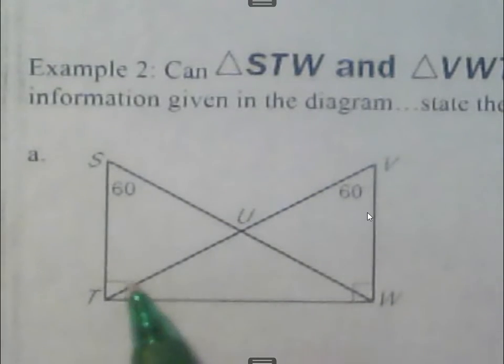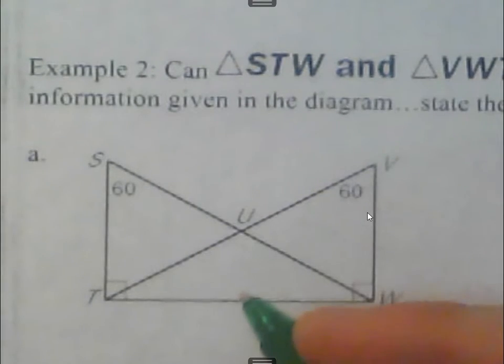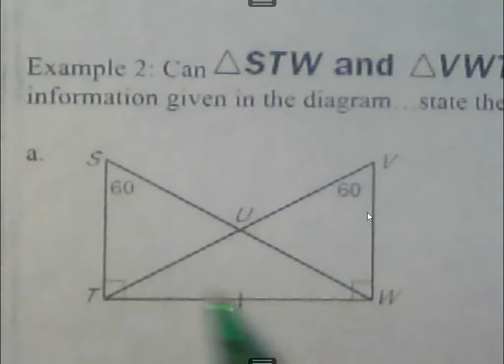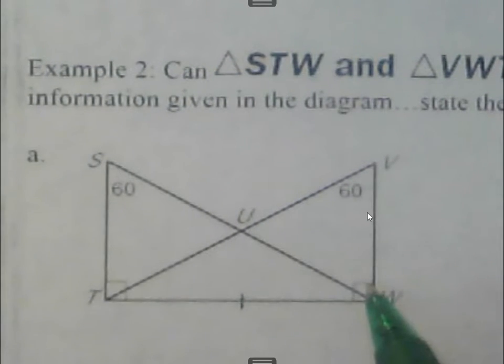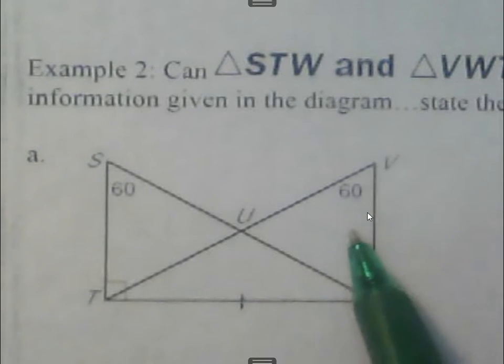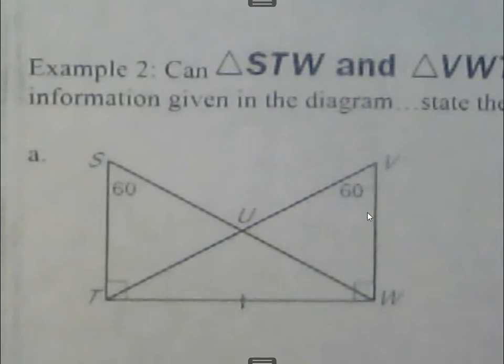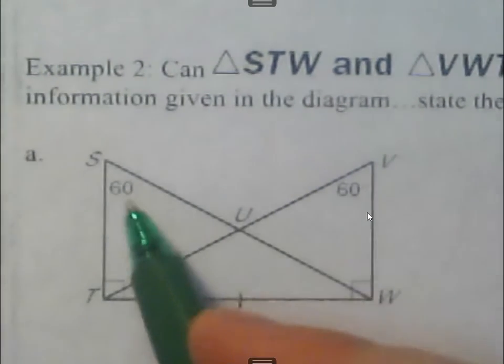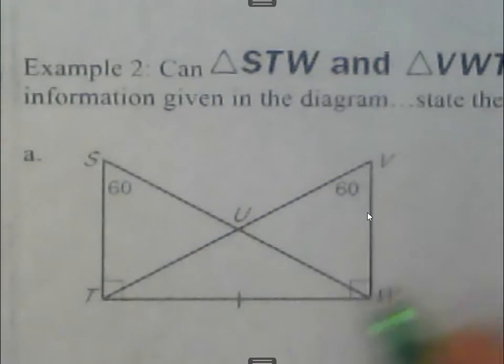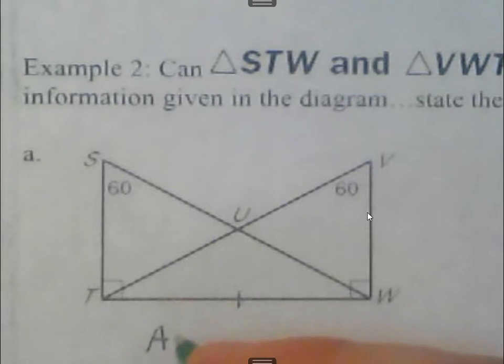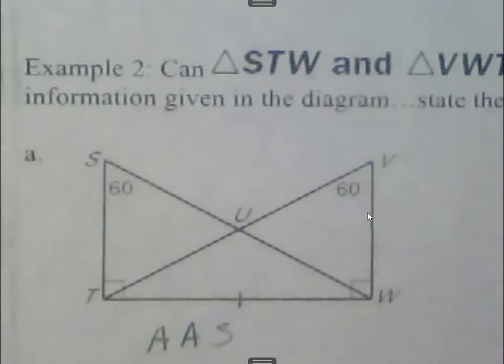We're also given a 90-degree angle in both. And you should also notice that they both share the side TW. So I have a side, an angle, and an angle. We don't have side, angle, angle, but we do have angle, angle, side. So we can say angle, angle, side.